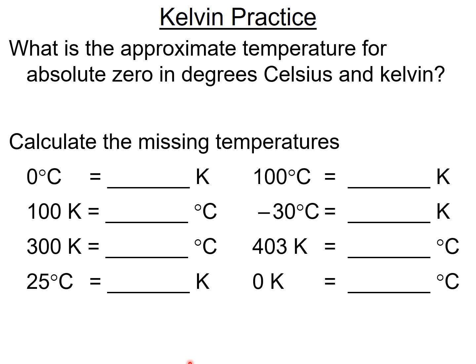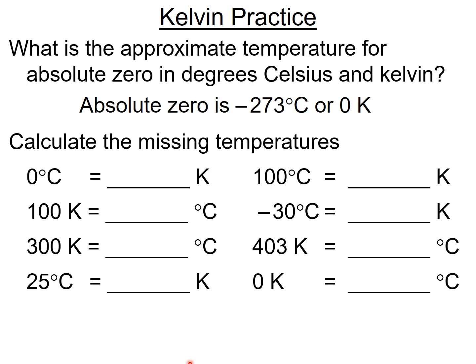Okay? So answers, absolute zero is 0 Kelvin or negative 273 degrees Celsius. Okay? You may want to practice solving these conversions here. You may pause this video and try to convert, but your computation should have the following answers.